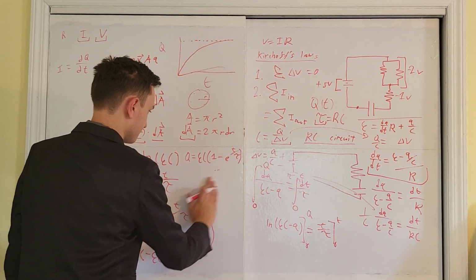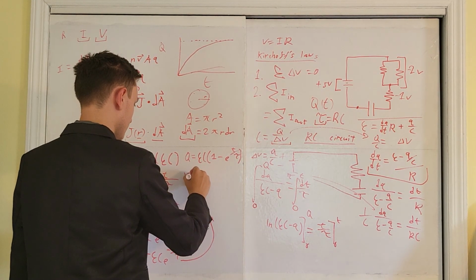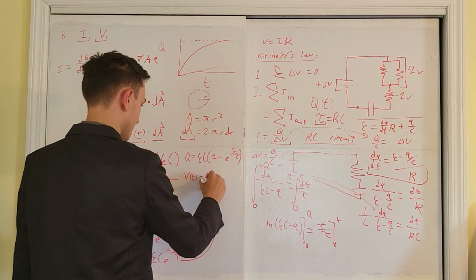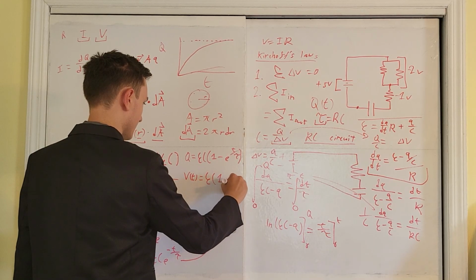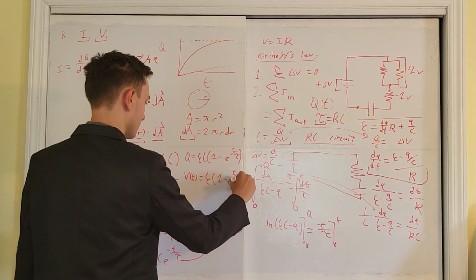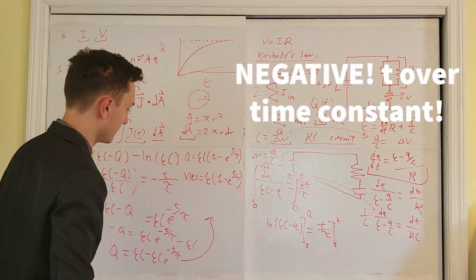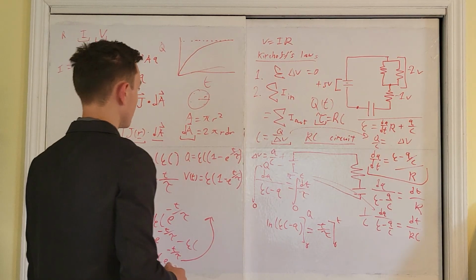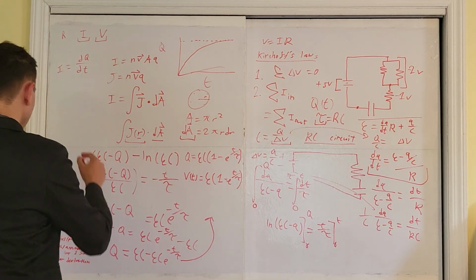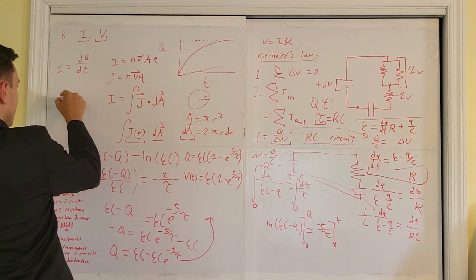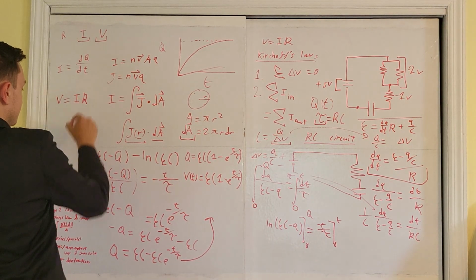So therefore, potential difference across the capacitor as a function of time equals epsilon times 1 minus e to the negative t over time constant, right there. We also know by Ohm's law that V equals IR, okay?